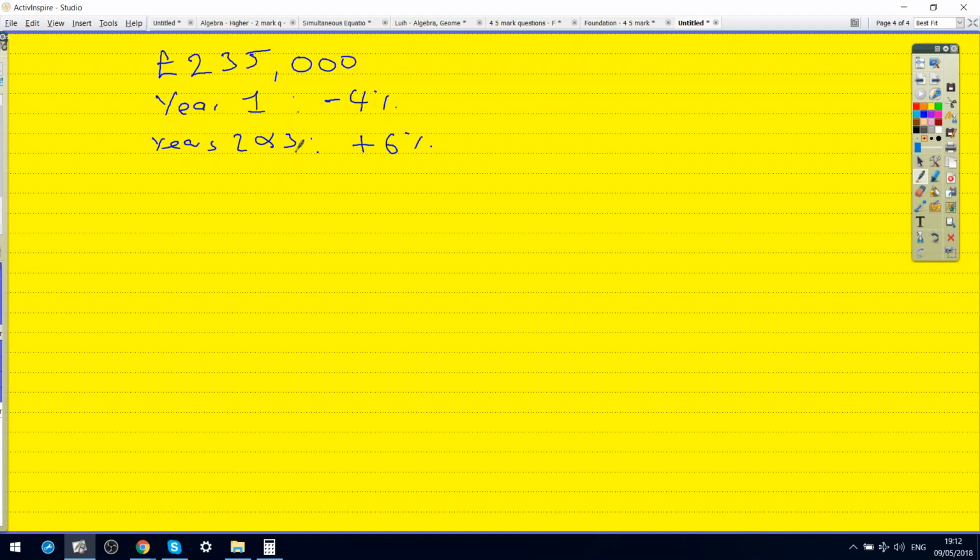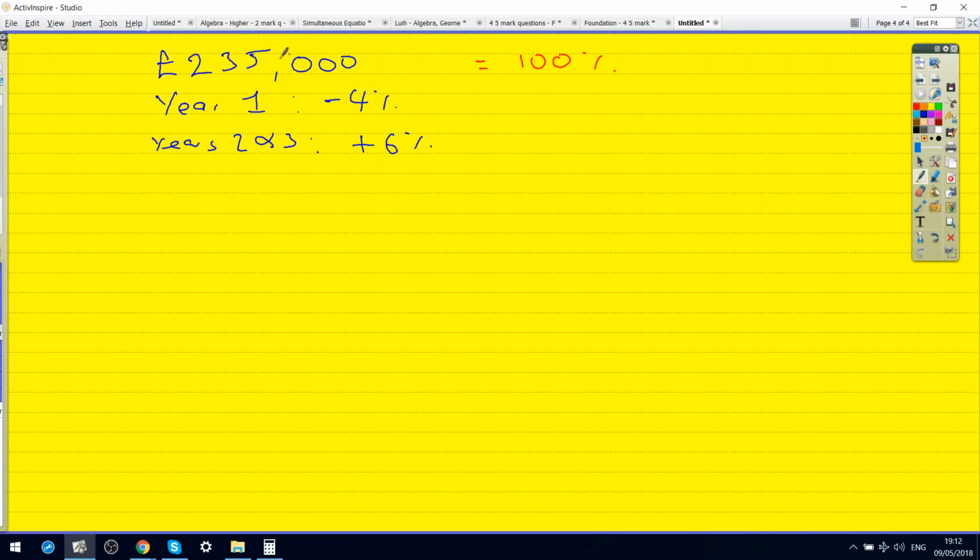Okay. Any idea how you approach this one? Find 4% of the total money and then take that away. Is this calculator or non-calc? Calculator.